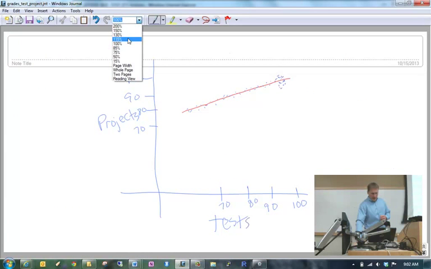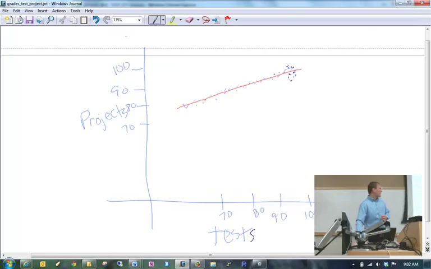Here's a typical scatter plot from when I use this projects and tests format in an applied stat course like this. This is the typical scatter plot that I see of projects versus tests.